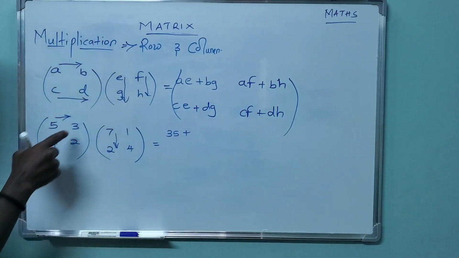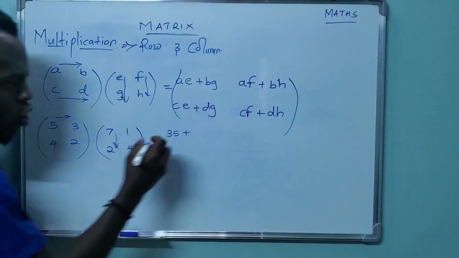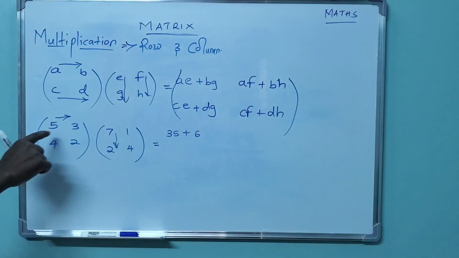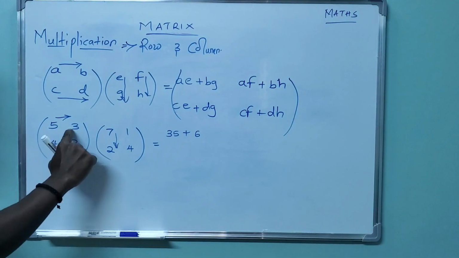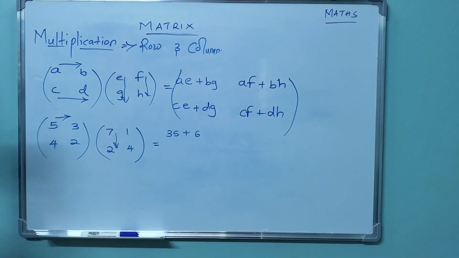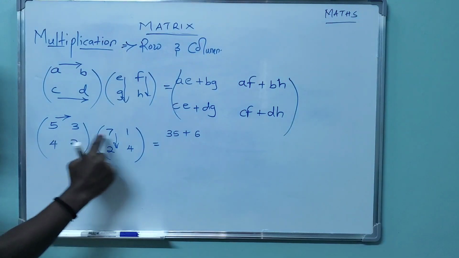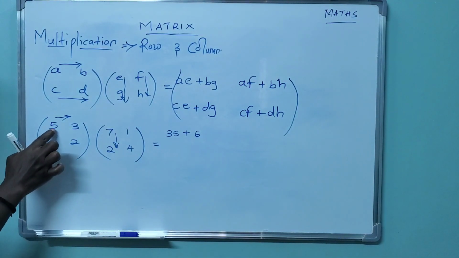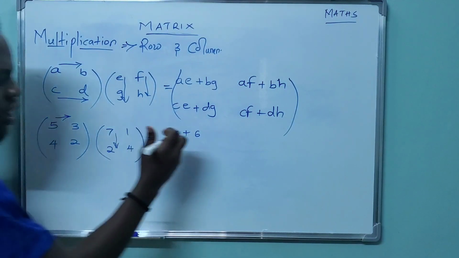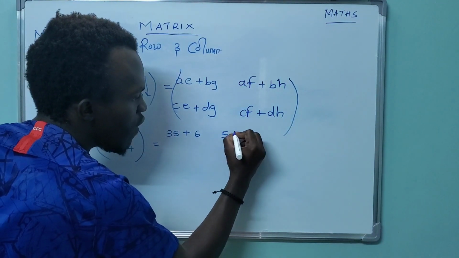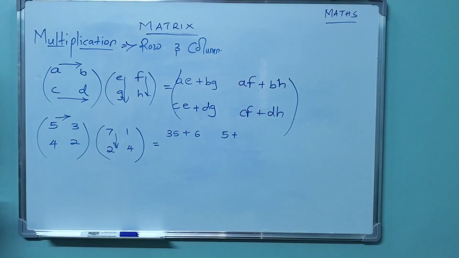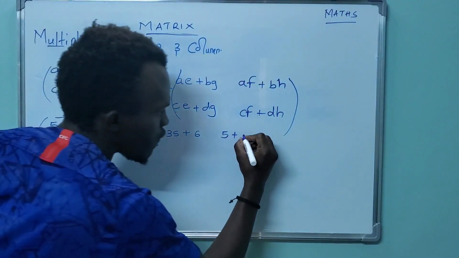Then plus 3 multiplied by 2, I'll have 6. I'm done multiplying the first row and the first column. I'll again go to the first row and the second column, whereby I'll say 5 multiplied by 1, I'm going to have 5, plus 3 multiplied by 4, I'll have 12.